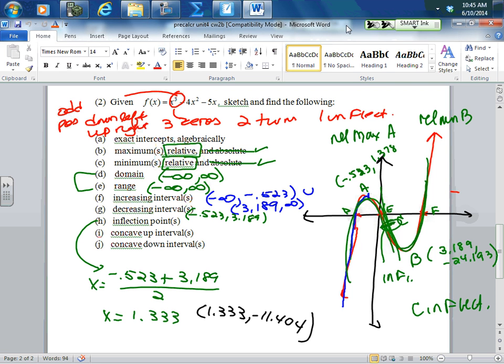So my concavity for going up is the guy that turns up here. It started at that x value, the 1.333, and it went up to infinity. The concave down came from the other side, from negative infinity, and stopped when it hit that x value. Okay, that I should also see continuous if I look at both.